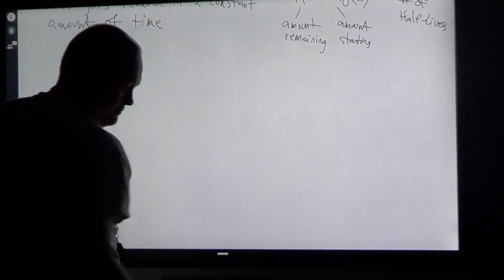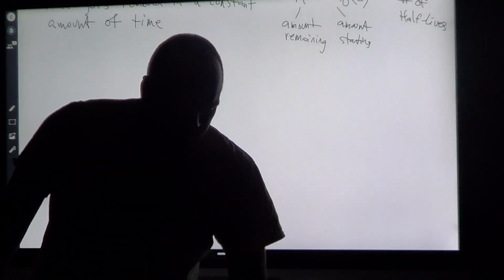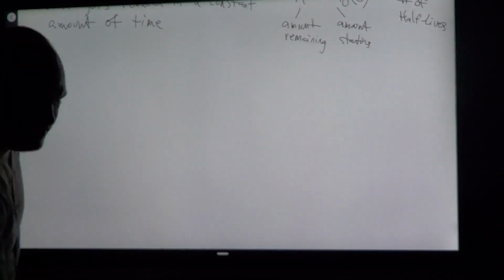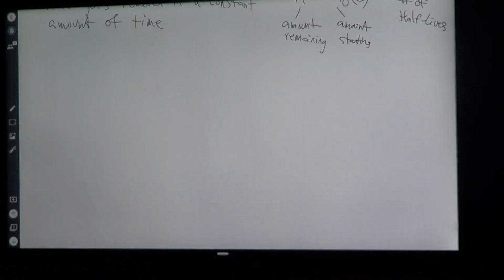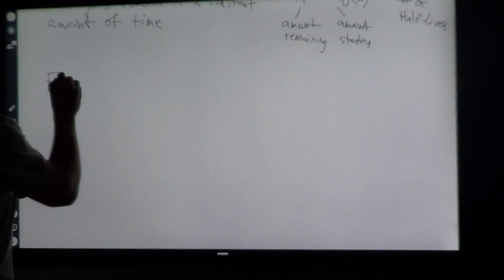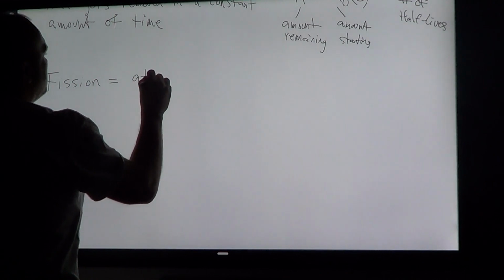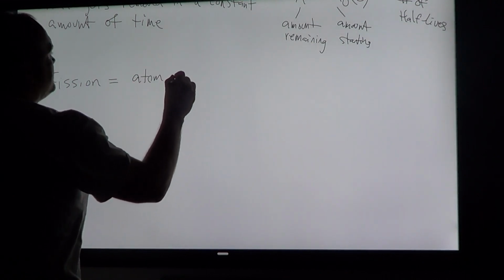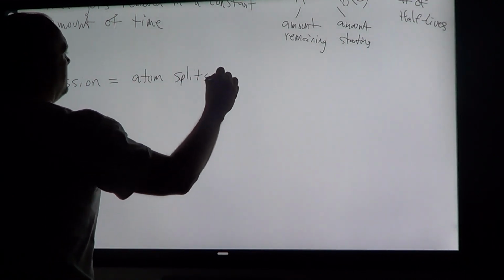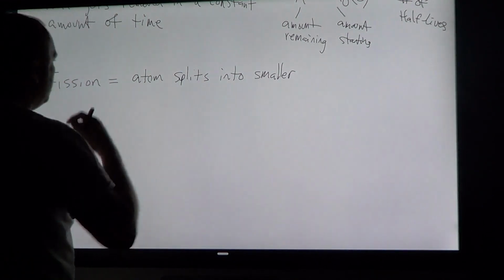Okay. So once we get into section 4, it is now fission and fusion. Fission and fusion are 2 very specific types of radioactive decay. Fission is when an atom splits into smaller atoms.